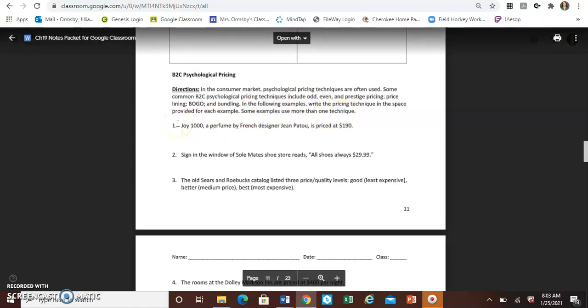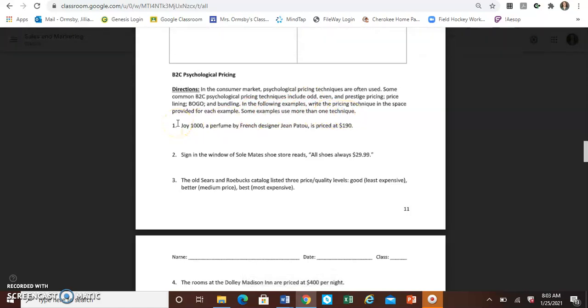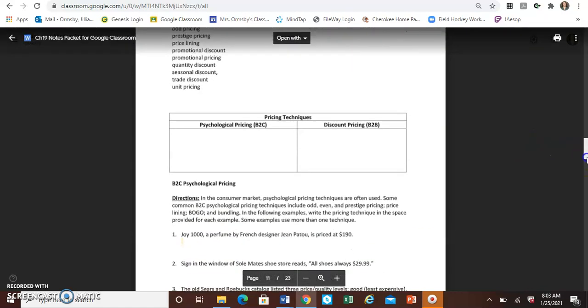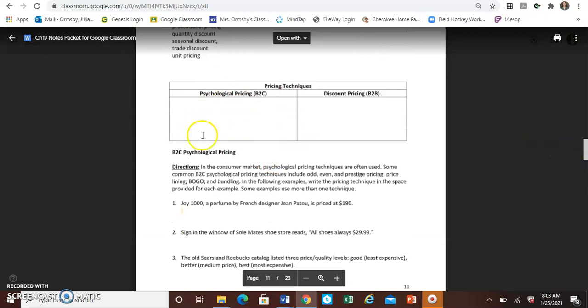Our first example says Joy 1000, a perfume by a French designer, Jean Patou, is priced at $190. You have to then tell me, of all of these B2C pricing techniques here, which one is being utilized. And again, it can be more than one.